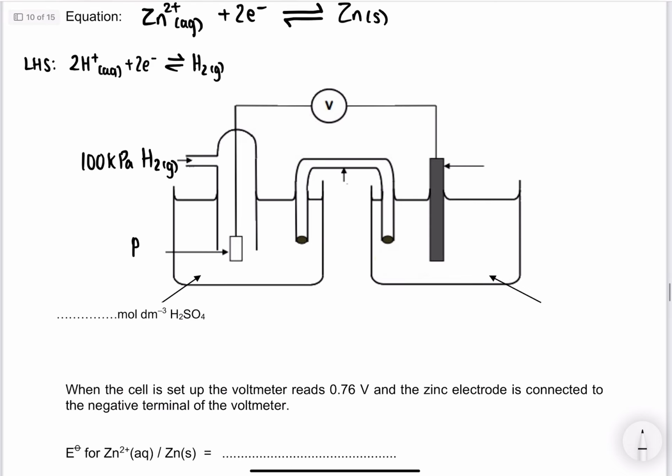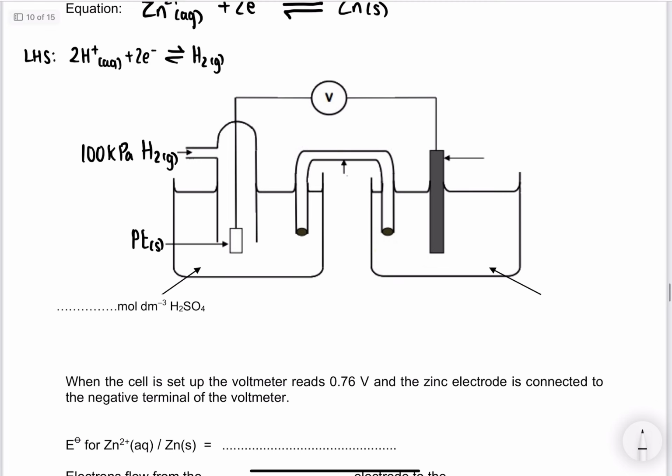We need a platinum electrode. Now they've labelled that the arrow point says something moles per decimetre cubed H2, but we want 1 mole per decimetre cubed H+. So to get that, we would have 0.5 mole per decimetre cubed H2SO4. We've got our salt bridge of KNO3.